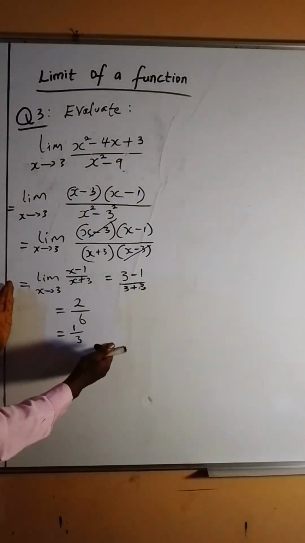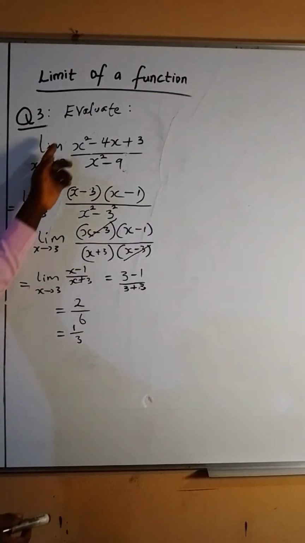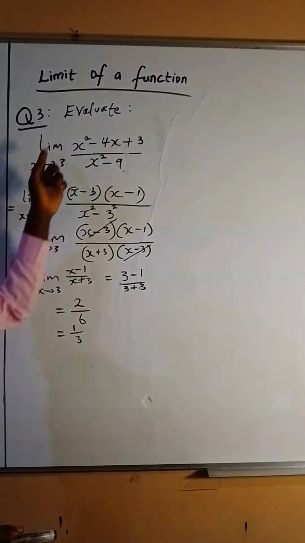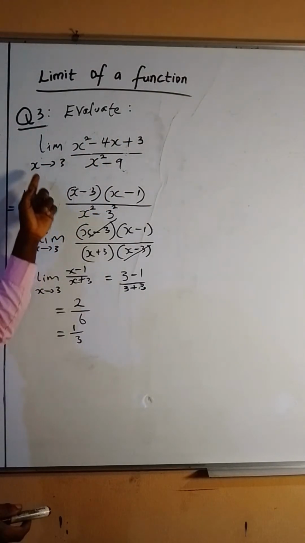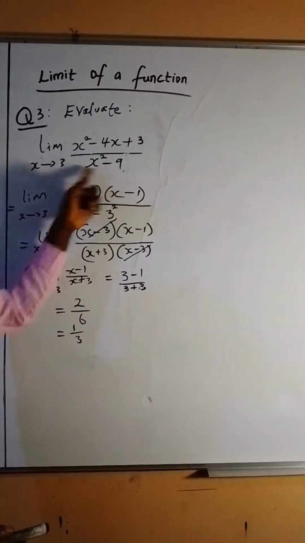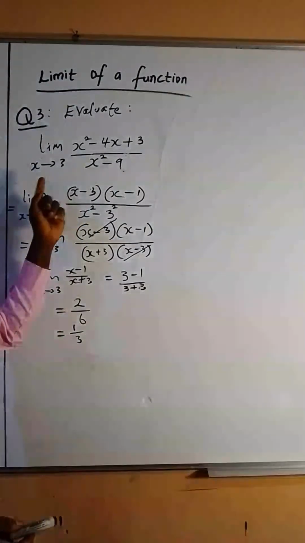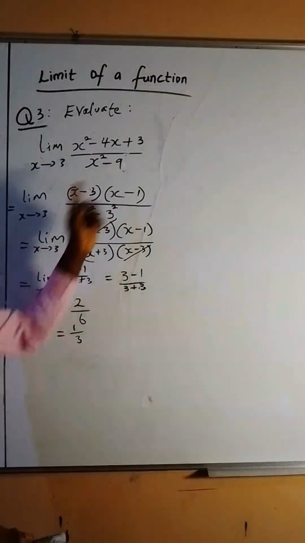Now I'm going to repeat what I said initially. We are given this expression to evaluate. We do not simply go and do substitution. We have to check if this expression can be given a limit.